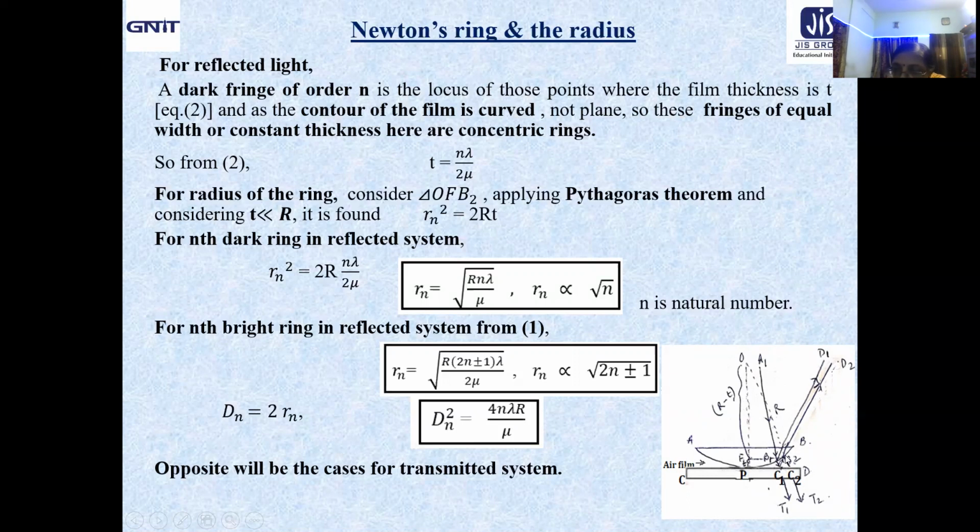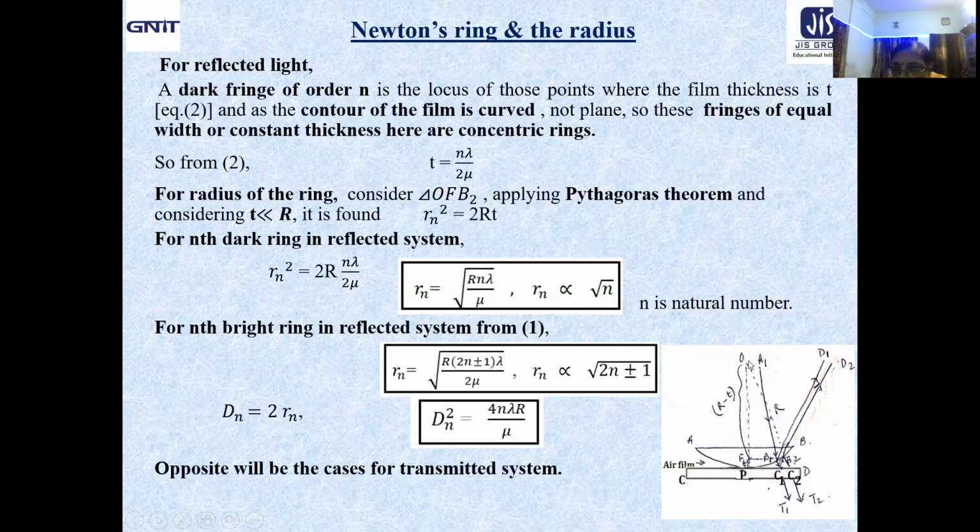F is a point which you get from B2 by drawing a perpendicular on this radius of curvature, that is OP. If the thickness at B2, that is FP, is T, then obviously FO is R minus T. And FB2 is the radius of the nth ring.